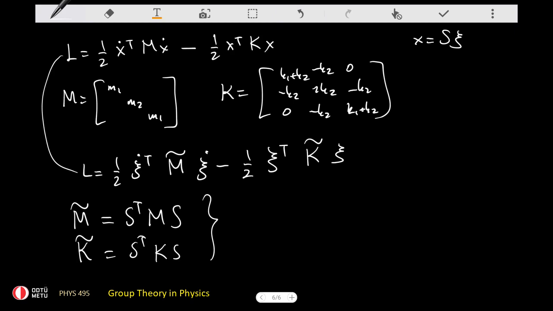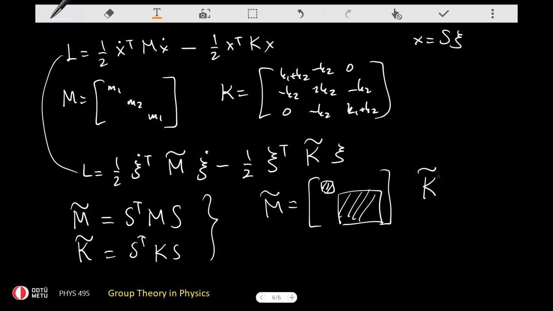I'm thinking about finishing the problem in here because I don't want to do these calculations. But you're going to find that this M matrix is of this form. There's a 1 by 1 entry in here and a 2 by 2 entry in here. And the K tilde matrix is also in that form.